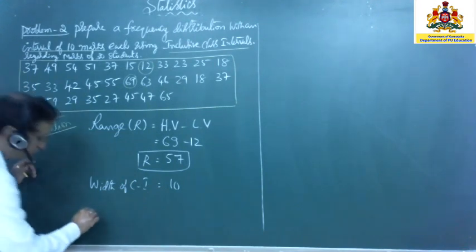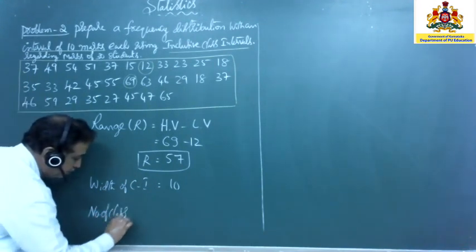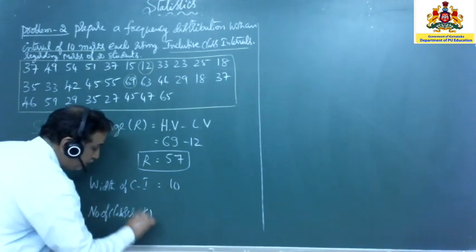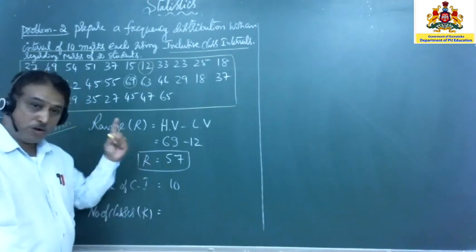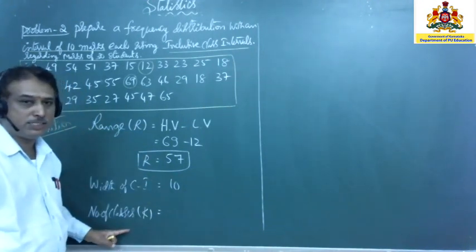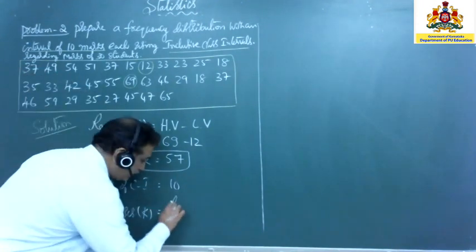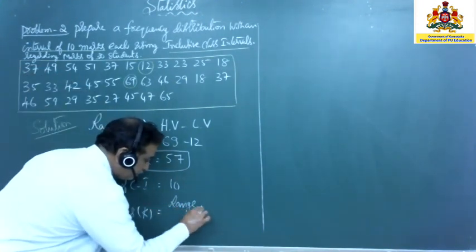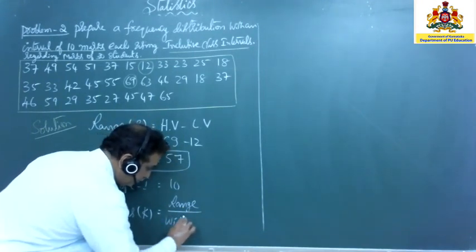And we have to find the number of classes. If the width is not known, you have to apply the Sturges formula to find the number of classes. But here the width is given. Here the formula is range by width of the class interval.